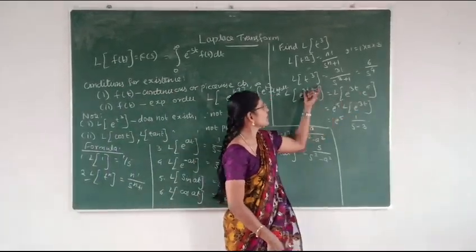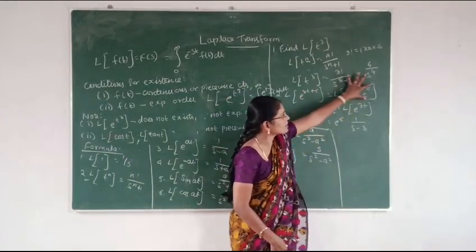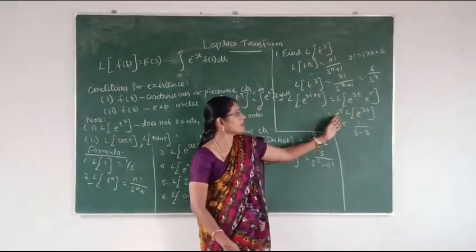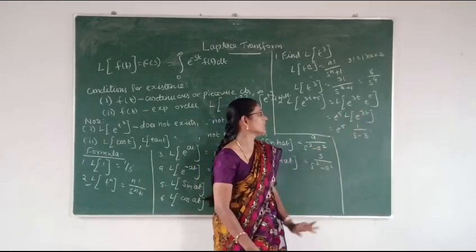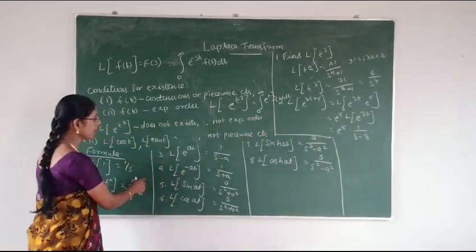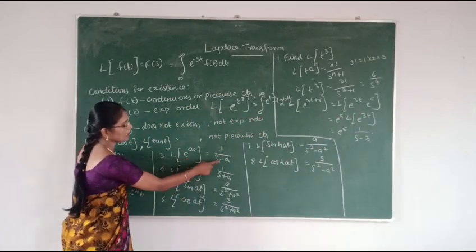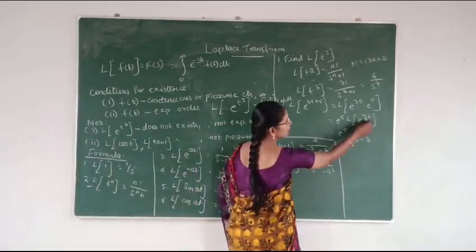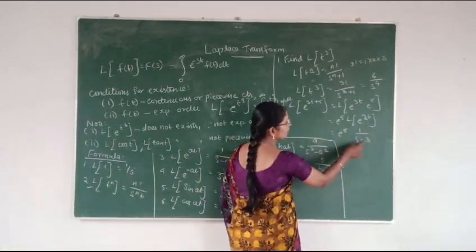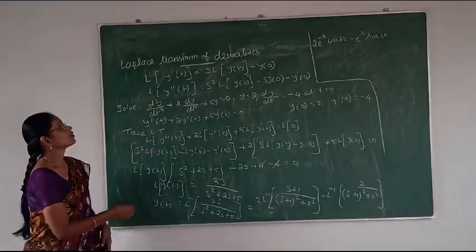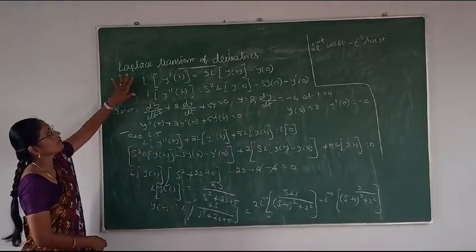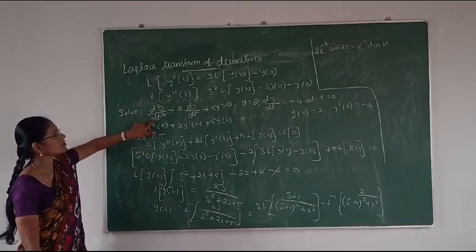E power 5 is a constant, which we can take outside. L of e power 3t: the formula is 1 by s minus a. In the place of a we have 3, so 1 by s minus 3. Based on these formulas, we will solve the differential equations.